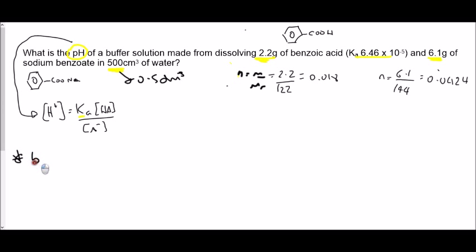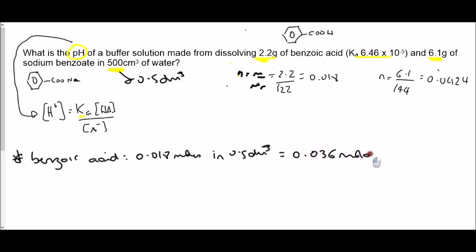So we've got for benzoic acid 0.018 moles in 0.5 decimeters cubed. So to get the concentration in moles per decimeter cubed, all we need to do is double it, because we've got half a decimeter cubed, so we need to multiply it to get 1, which gives us that concentration.